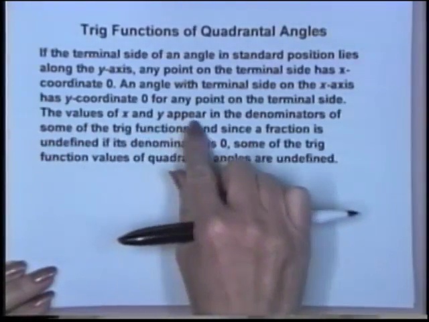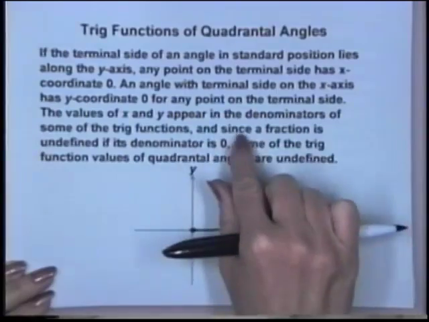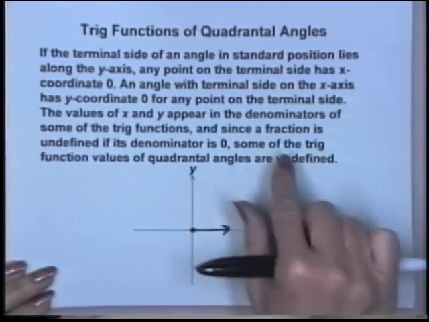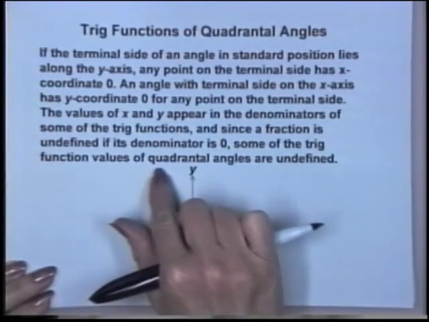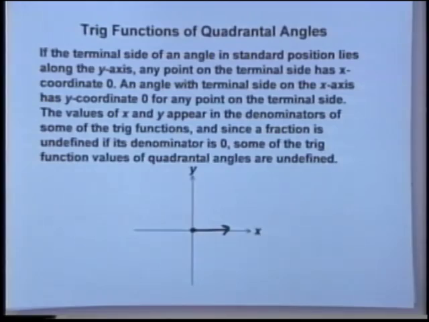The values of x and y appear in the denominators of some of the trig functions. And since a fraction is undefined if its denominator is 0, some of the trig function values of quadrantal angles are undefined. Let's look specifically at the function values of these angles.